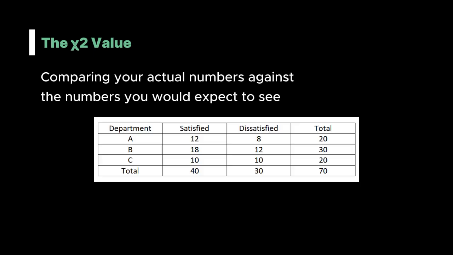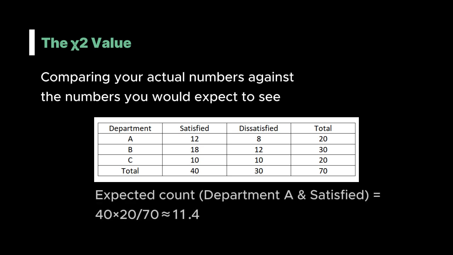For example, in the Department A satisfied cell, expected count equals total satisfied multiplied by total department A divided by grand total, approximately 11.4.